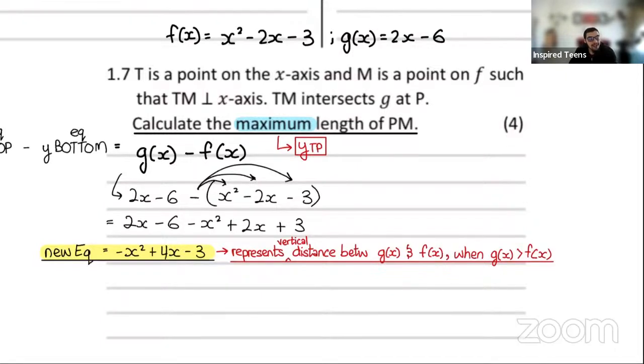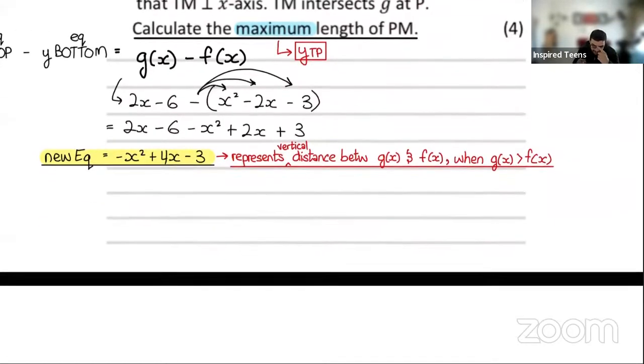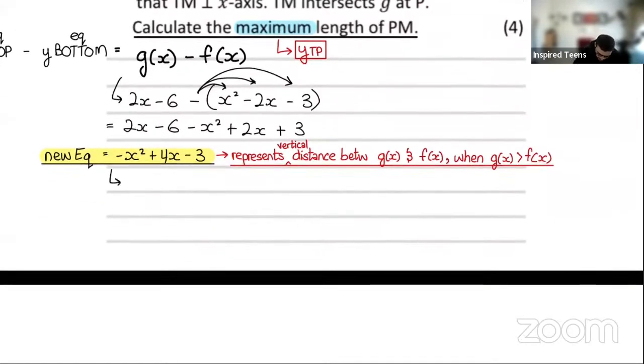So we need to find the y turning point coordinate. And how do we do that? Bear with me, we're almost done. By first finding the x turning point. So we take our new equation and find its x turning point. We say negative b, which is negative 4, over 2 times a, which is negative 1. So negative 4 over negative 2 gives us 2.